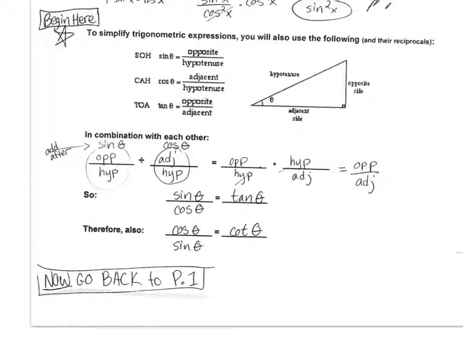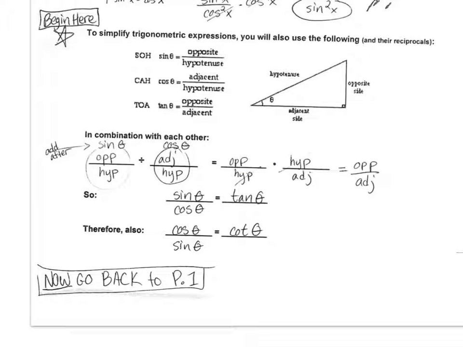And we talked about how we can combine the trig expressions of sine and cosine, remembering our definitions of SOHCAHTOA here. If we combine the opposite divided by the hypotenuse, divided by the adjacent divided by the hypotenuse, remember, a fraction divided by a fraction gets changed and flipped.